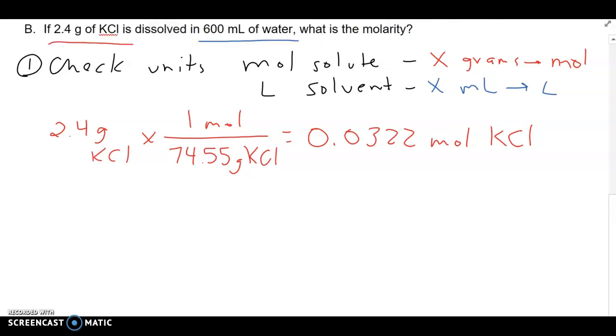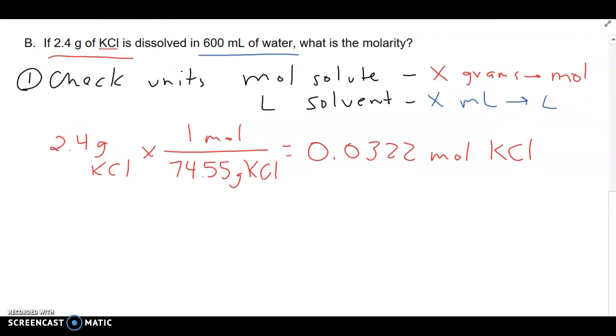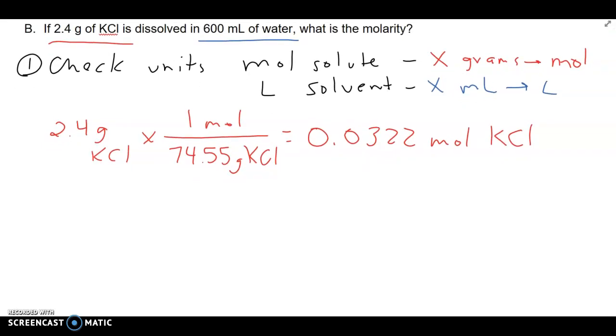Then I need to get my volume in liters. So I have 600 milliliters of H2O times 1 liter over 1,000 milliliters.